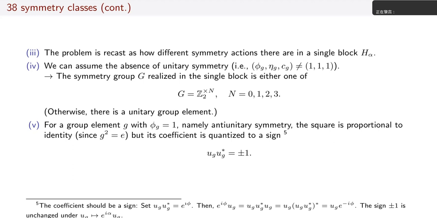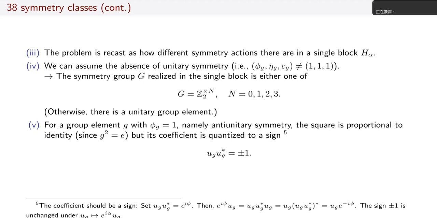Before the classification, I have one remark. For group element G with negative phi, that is an anti-unitary symmetry, H squared is proportional to identity.